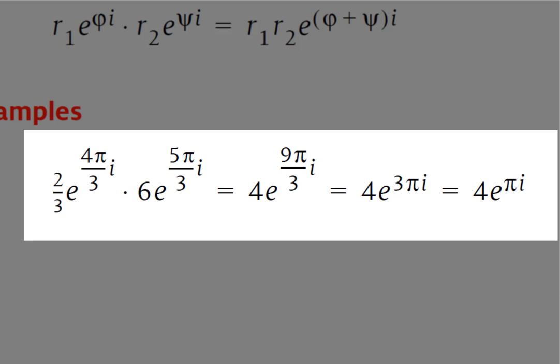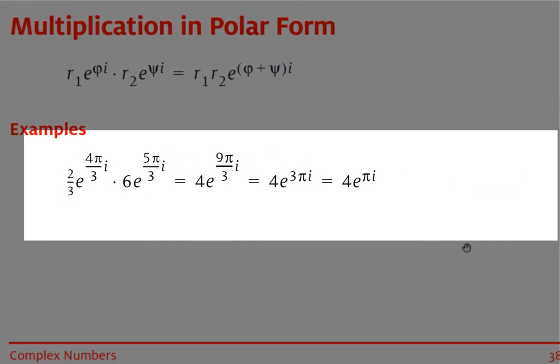We multiply the factors. 2/3 times 6 is 4, and we add the angles. 4 pi third plus 5 pi third is 9 pi third. 9 divided by 3 is 3, so we have 4e to the power of 3 pi i, and because 3 pi is greater than 2 pi, it's 2 pi plus pi. This angle is the same as the angle pi, which is 180 degrees.